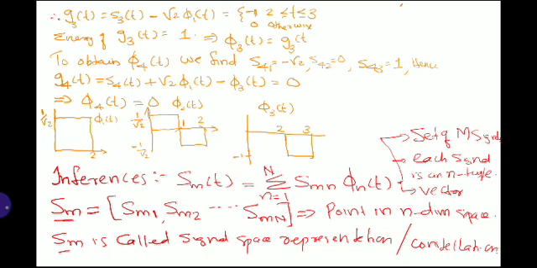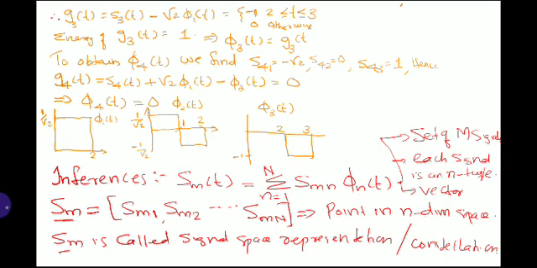So this means that one basis function, you will get the value as 0. That means that one signal can be represented as the linear combination of the other signal, or that the 4 signals S1 of t to S4 of t is not linearly independent.